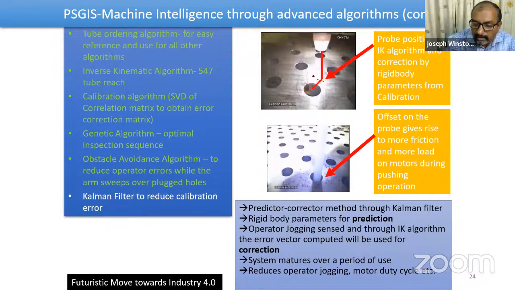It will almost go to the center, but it will be slightly deviated within the tube. So whenever the operator does a little bit of jogging, we incorporate this predictor-corrector method. This is yet to be launched into the system. We have done the case studies and proved that it matures over a period of time, so that the error correction jogging becomes lesser and lesser in the due course of inspection.